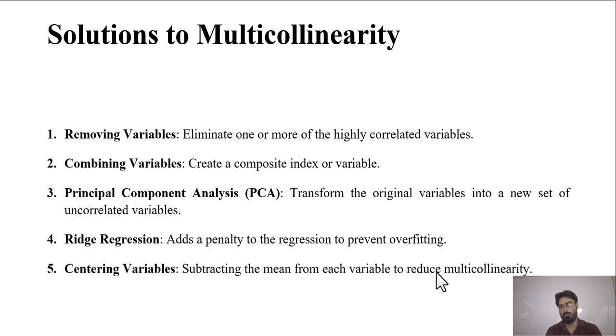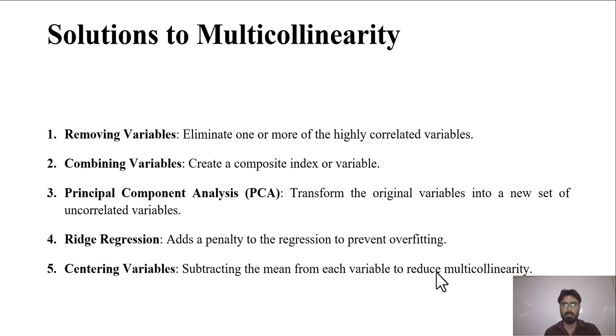For example, you have a GDP series, so you have to calculate the average value of GDP, and let's suppose you have a data set from 1980 to 2024 and you have calculated the average from 1980 to 2024. Then you have to subtract this mean from all these years.